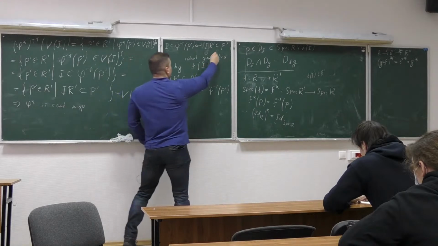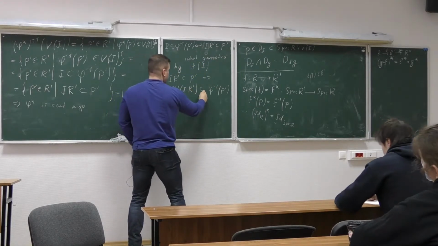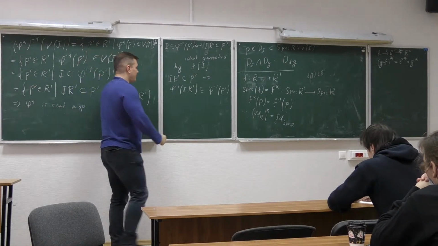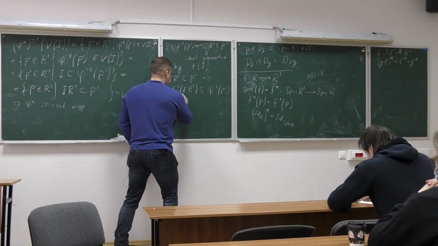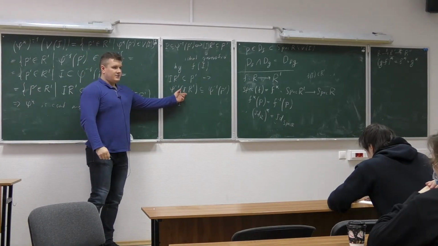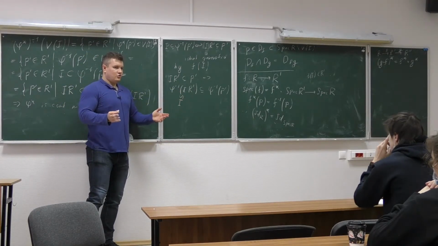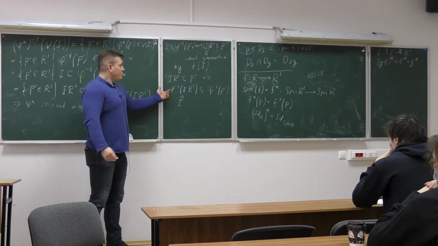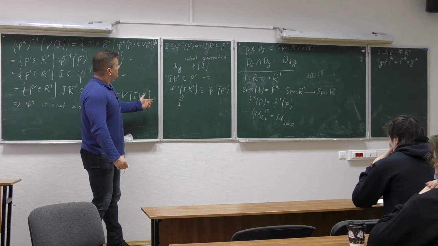Again, it is possible that they are equal. But I think it's not hard to understand that if you start with an ideal, you extend it to generate something even larger than the image, and then you take the full pre-image. And why do I use φ instead of f?